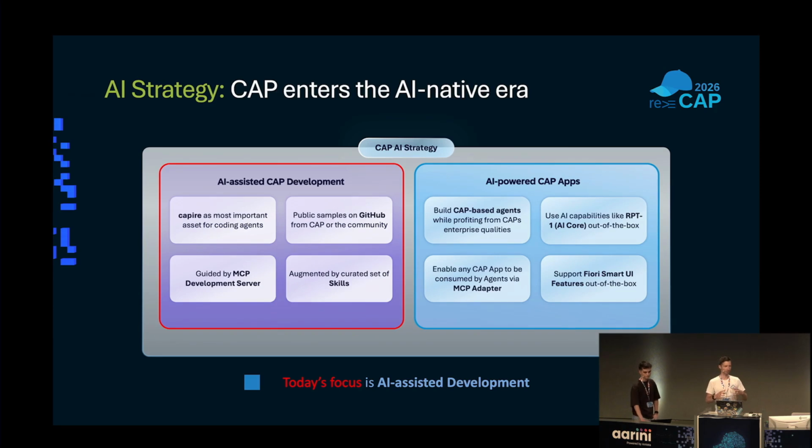And so when you just, without anything, ask an agent to go and create a CAP application, it will actually do a pretty good job, right? Anyways, we have some reasons why we say we maybe have to fine-tune that a little bit.